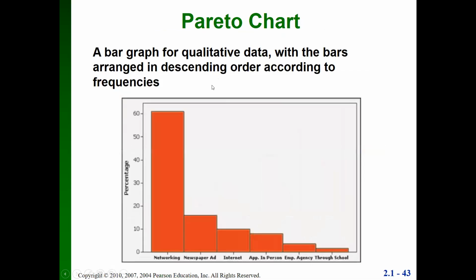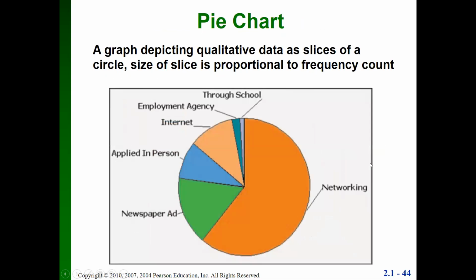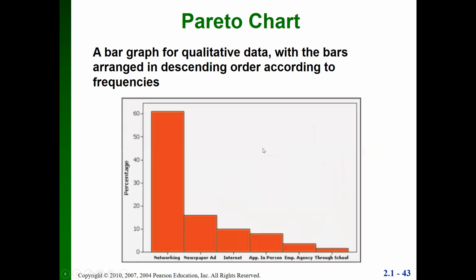What we call a Pareto chart is used for qualitative data. So this is really an example of a data set showing what percent, and qualitative data can be percentages, or can be numbers that don't represent anything in particular.